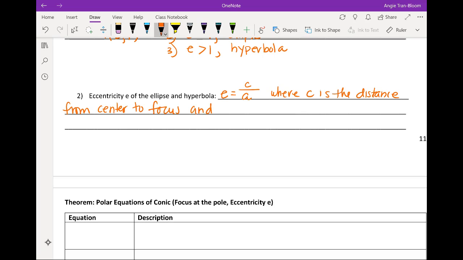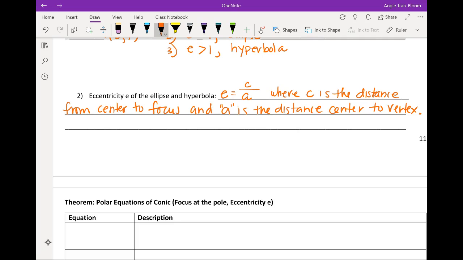And A is the distance from center to vertex. That's right.